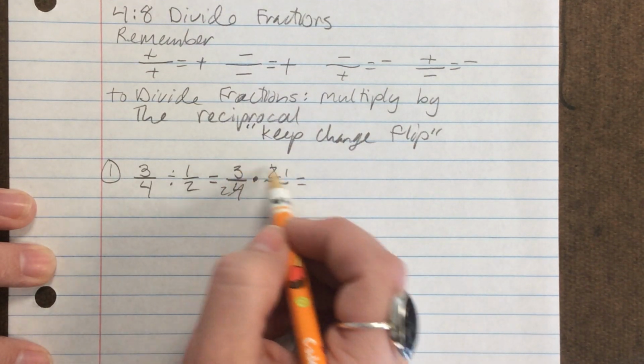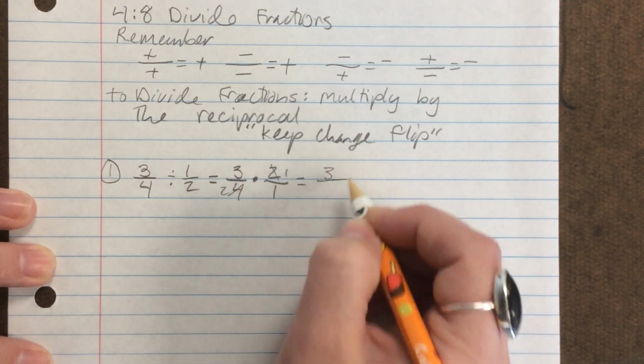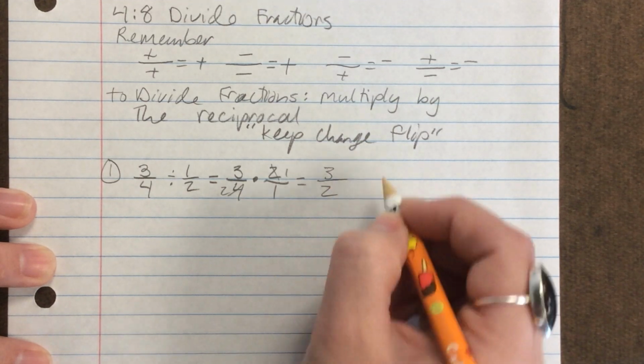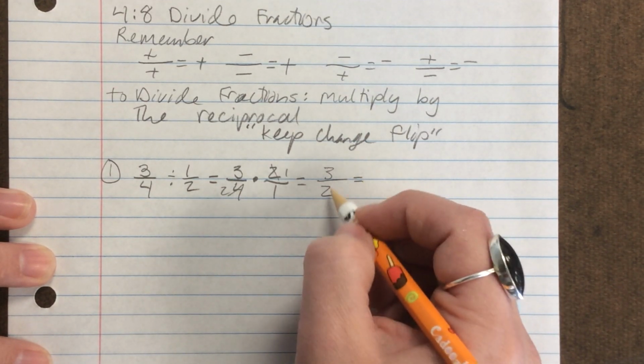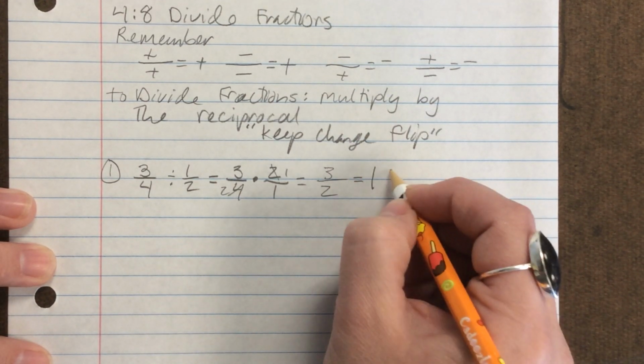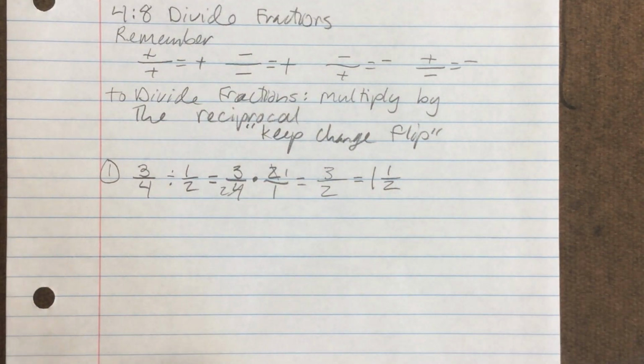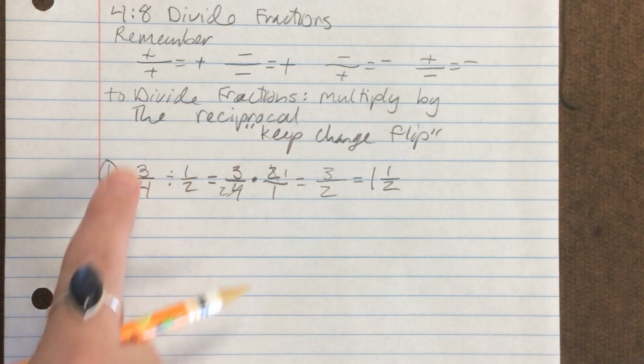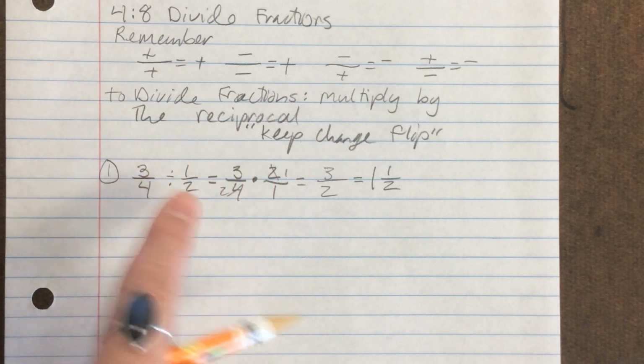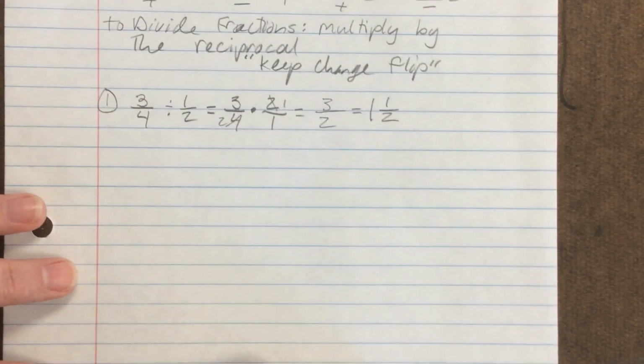And multiply across. 3 times 1 is 3. 2 times 1 is 2. And then change that to a mixed number. 2 goes into 3 one time with 1 left over. Okay, so really the big key is doing the keep, change, flip or the multiply by the reciprocal.